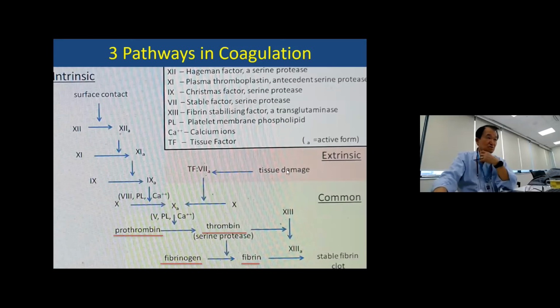So as you all know, there are many factors involved in this coagulation. Intrinsic factors, extrinsic factors. Extrinsic factors are basically when the tissue damages, the tissue factor, that's factor 7A.